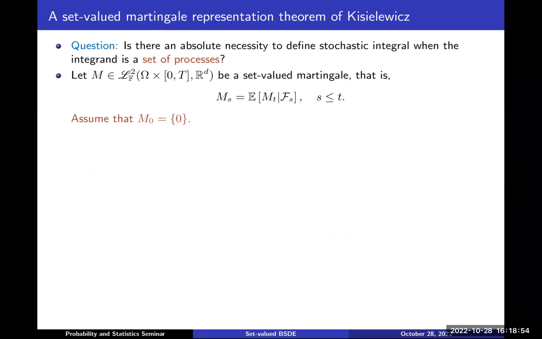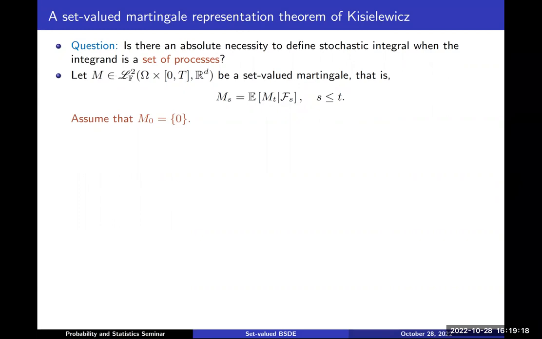And that is very much related to set-valued martingales, which is one of the main tools if you want to study some BSDE. It's very easy to define a set-valued martingale because you have a notion of conditional expectation. So it's just the martingale property that we all know, just with a new meaning attached to it in the set-valued framework.